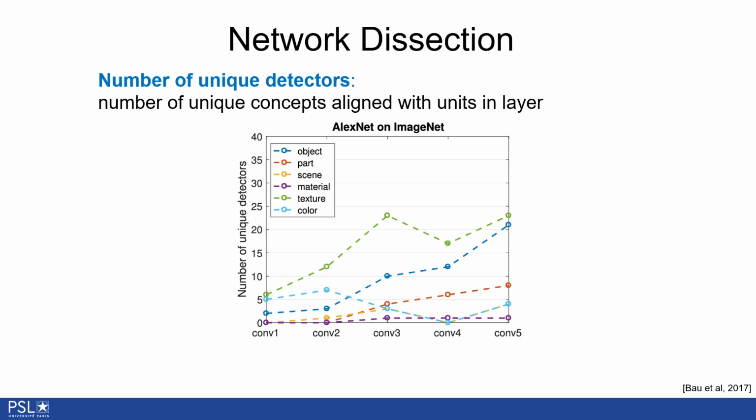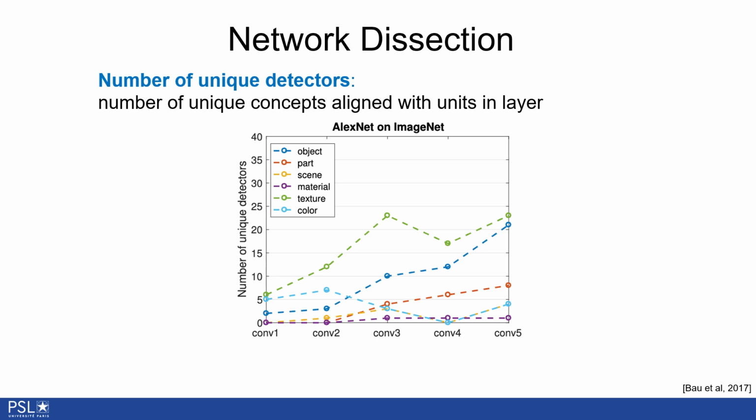This figure summarizes how the number of unique detectors for different concept classes evolves across layers in an AlexNet convolutional network trained on the ImageNet dataset. What this figure shows is that the first layers represent mostly low-level features such as color and texture, shown here in green and light blue.